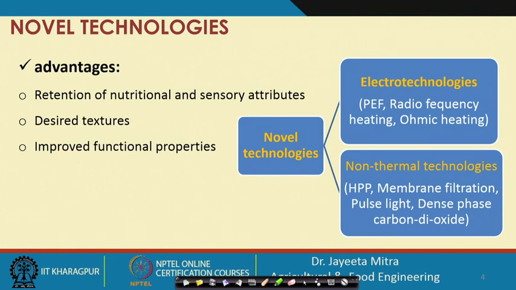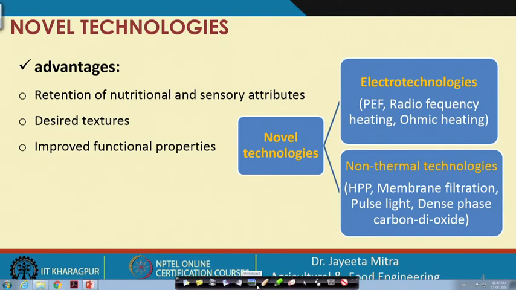They even form brown spots because of some browning action that may have occurred. And improved functional properties, this is also another desirable quality that we want to have. So, novel technologies have all these qualities. We can categorize them into two segments.